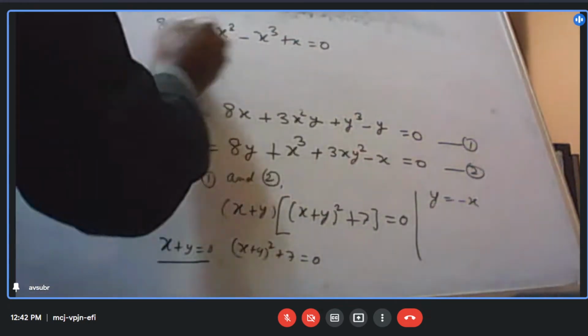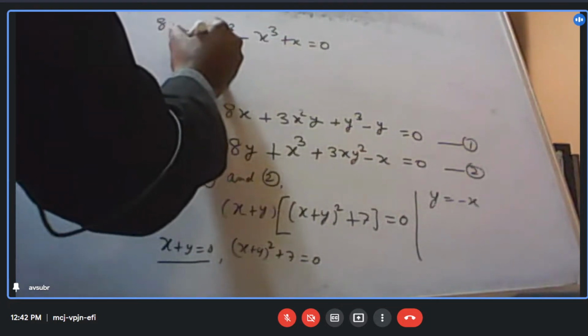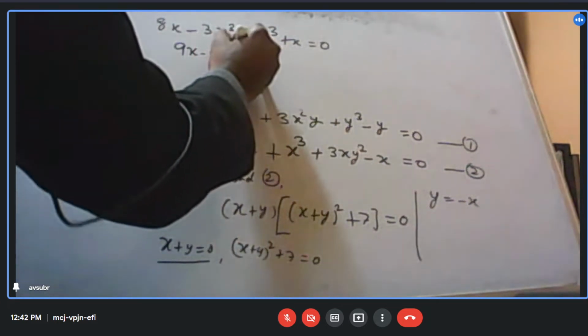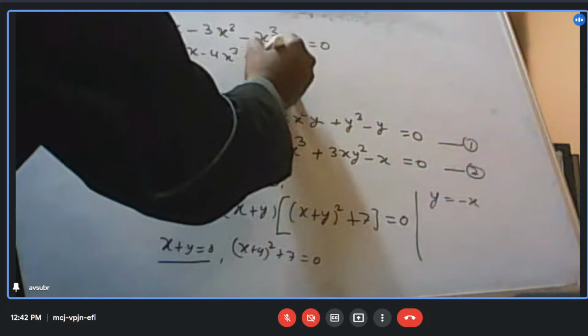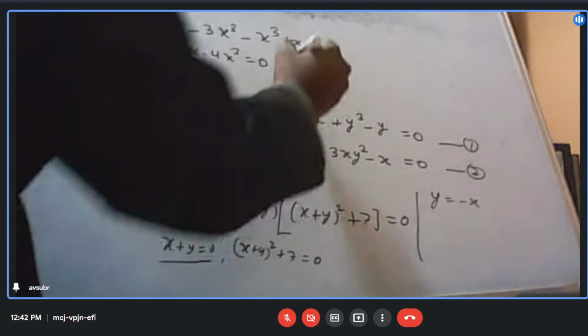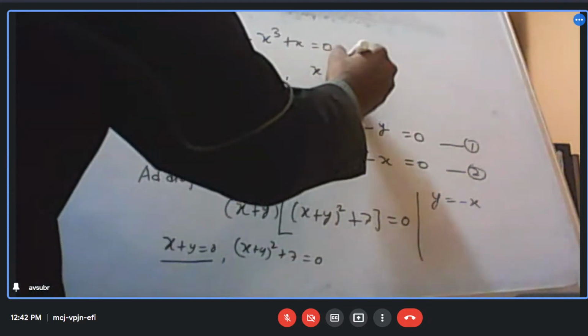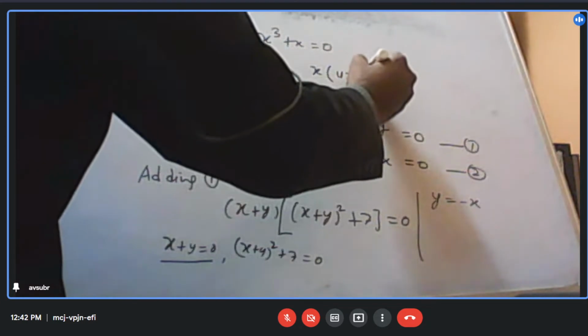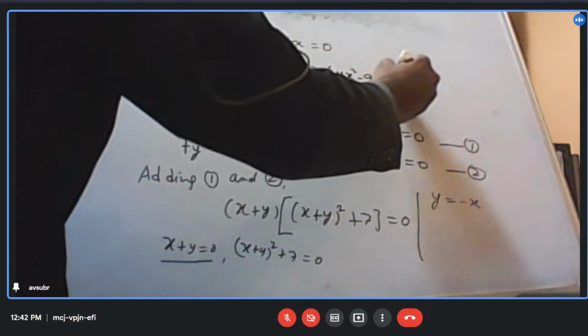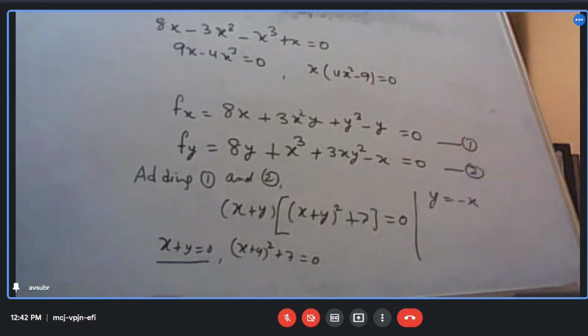From this we will get 9x minus 4x cube equal to 0, or x into (4x square minus 9) equal to 0.